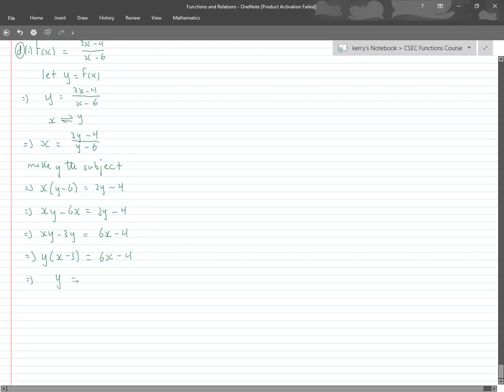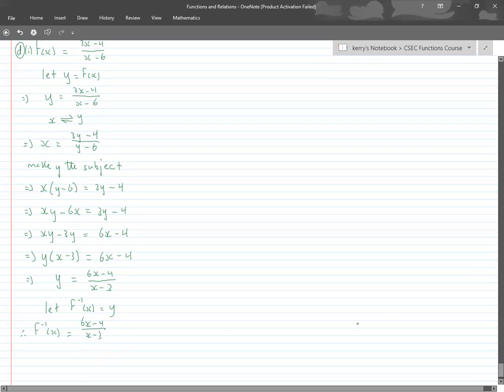When you divide both sides by that, you end up with 6x minus 4 over x minus 3. Right, now this is the inverse, we let f inverse of x be equal to y. So therefore, the inverse function is 6x minus 4 over x minus 3.